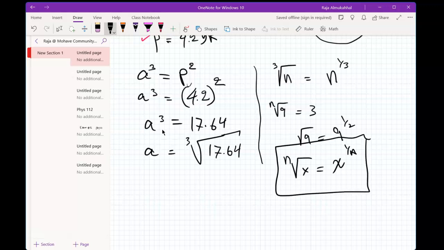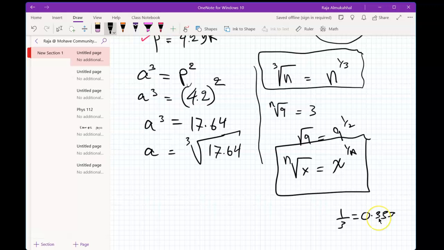The one that you really need to know is the cube root, because we're going to be using Kepler's third law several times during the course. So if you don't have the cube root on your calculator, it will be to the power of 1/3. Now, 1/3 is 0.333. So I can write A as 17.64 to the power of 0.333.